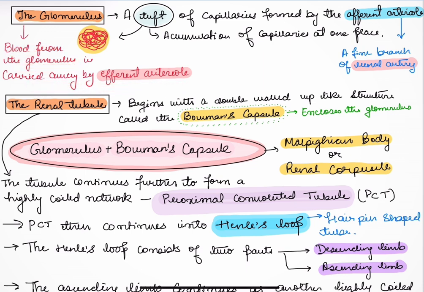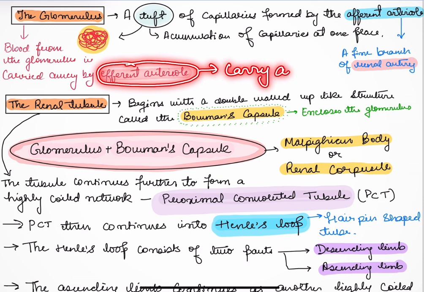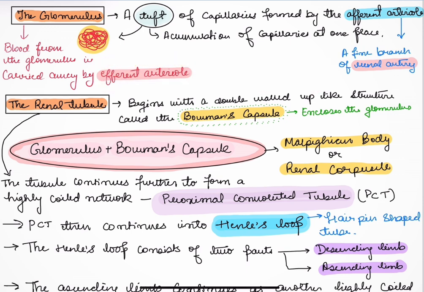So we have to keep in mind that the afferent arterioles bring the blood towards the kidney, whereas the efferent arterioles carry away the blood from the kidney. Efferent means away and afferent means towards. So this has to be kept in mind. So this was the first part of the nephron.